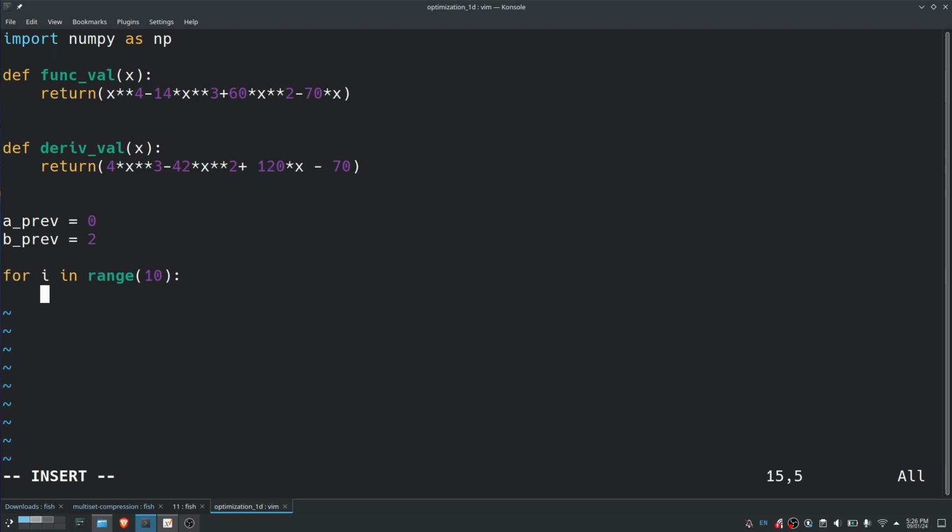So what do I need to do? C equal to (A plus B) by 2.